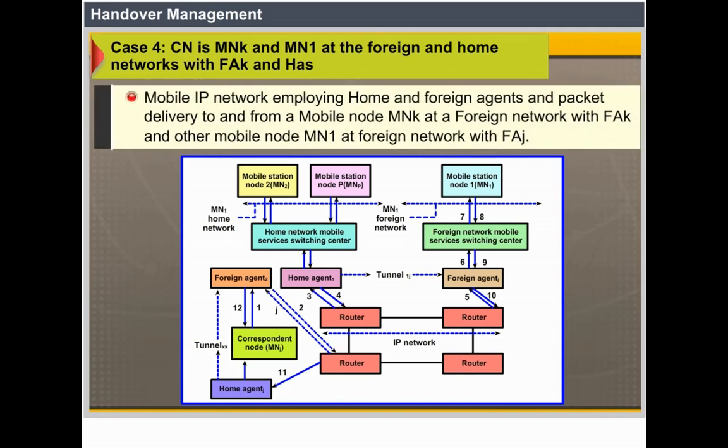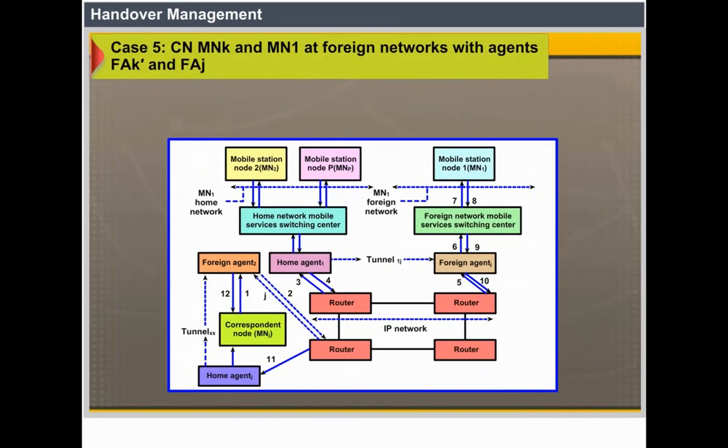Mobile IP network employing home and foreign agents and packet delivery to and from a mobile node MNK at a foreign network with FAK and other mobile node MNI at foreign network with FAJ. Case 5. CN, MNK and MNI at foreign networks with agents FAK and FAJ. MNK transmits to FAK.